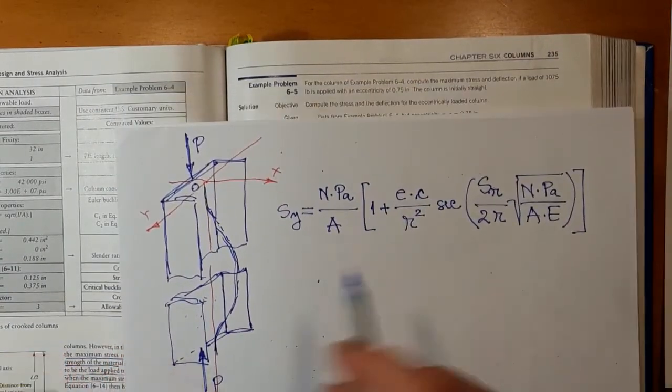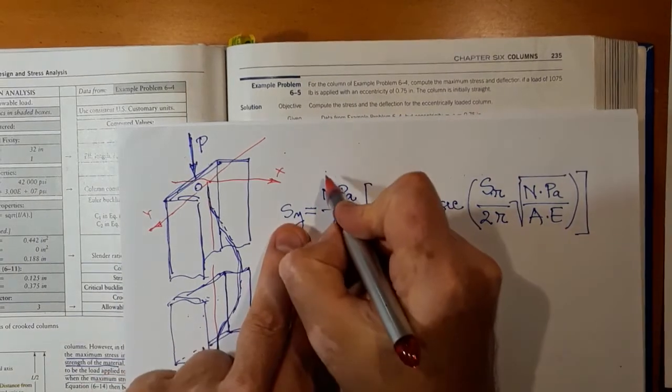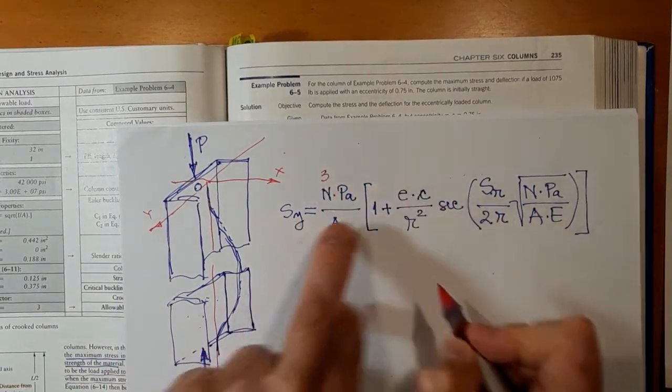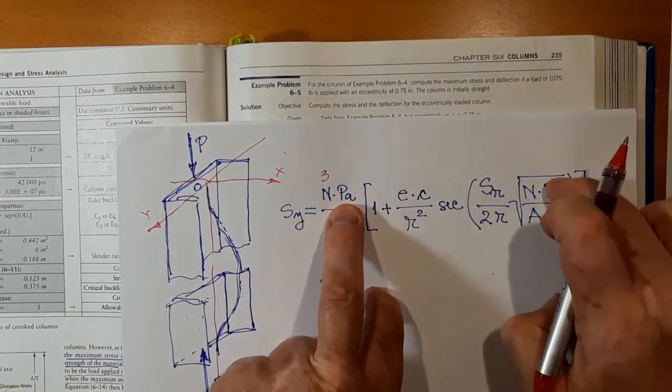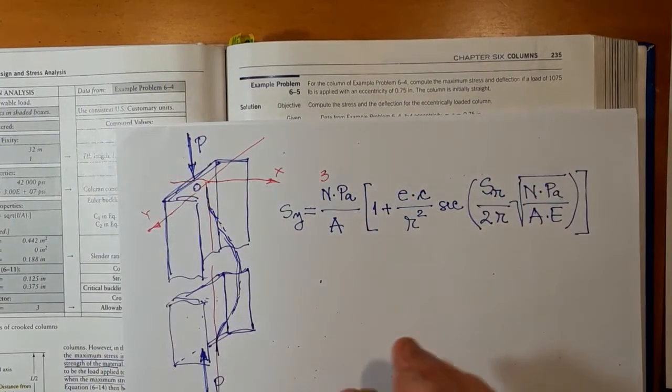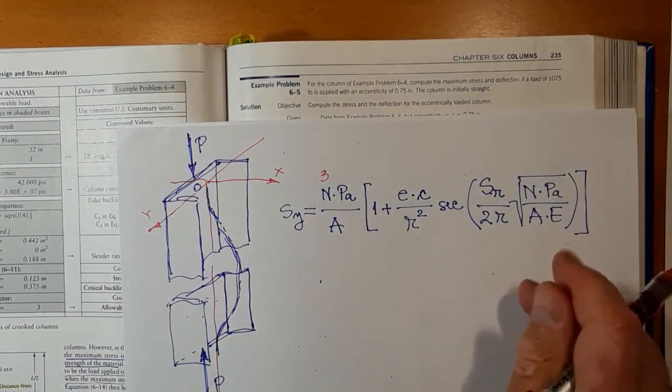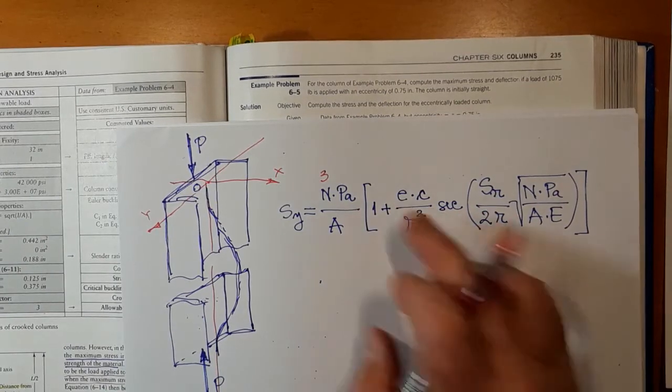Okay, so let me use red color to populate this equation. So I have PA, this is the unknown and occurs twice, so there's no way you can solve this closed form, you need to iterate. What is E now?